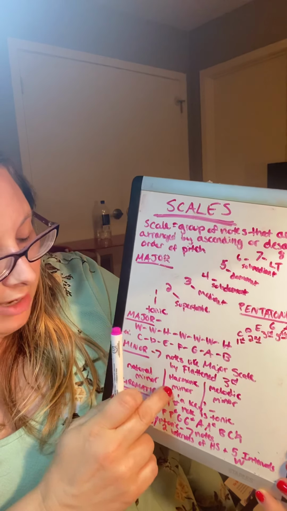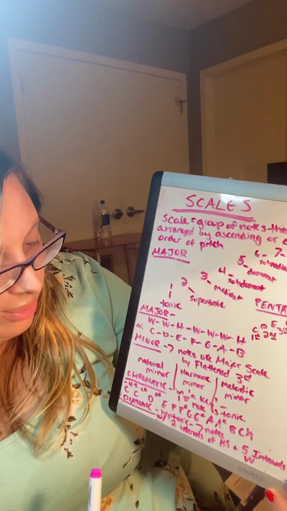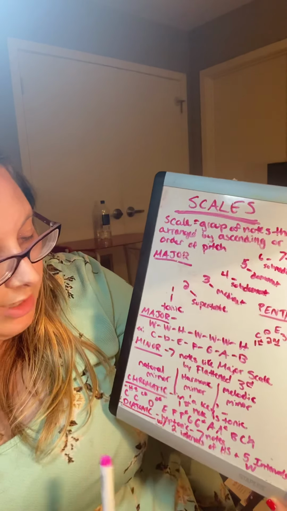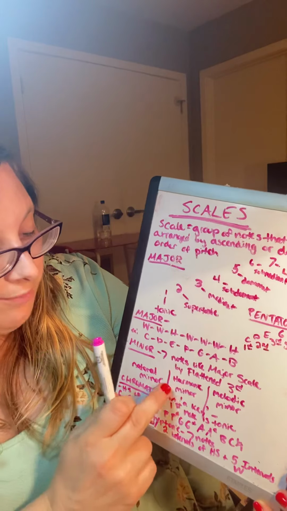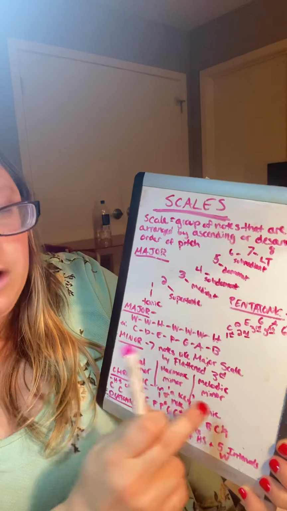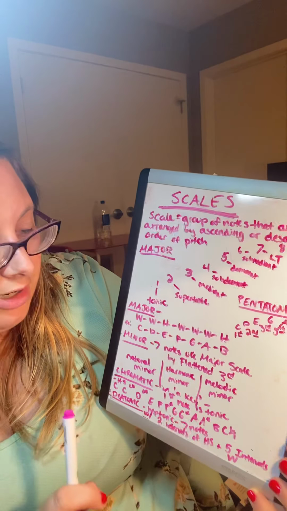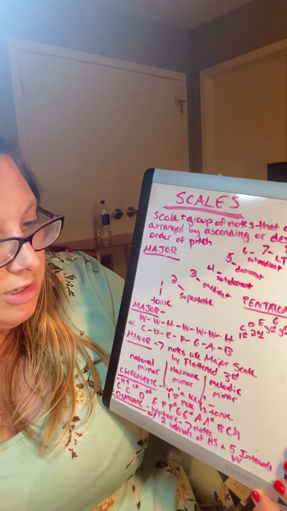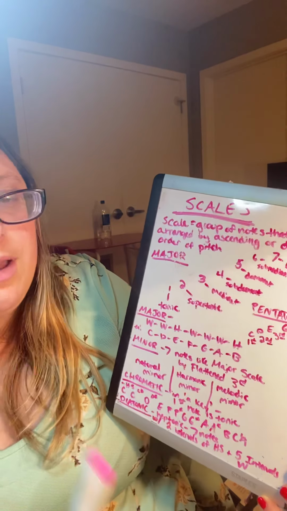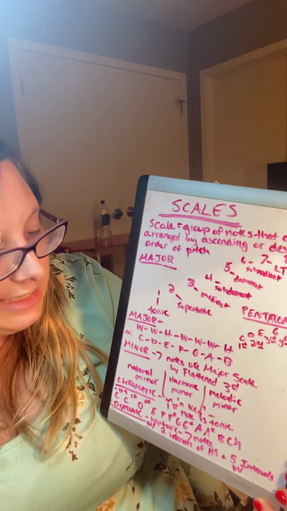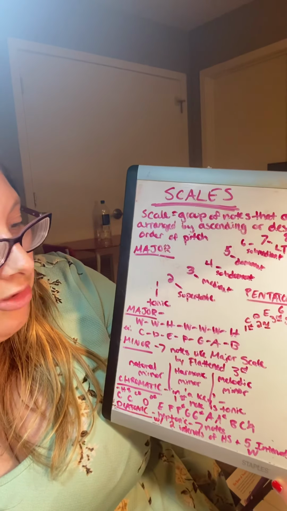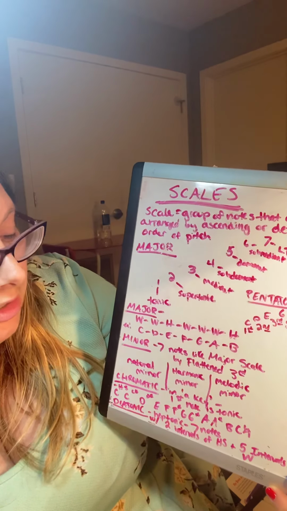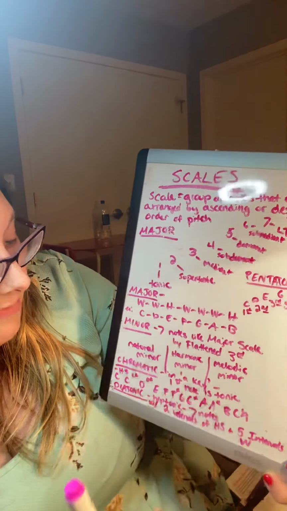The harmonic minor has the flat third, but you would raise the 7th note in the scale. Then a melodic minor, you would have a flat third, then you would also sharp the 6th and 7th note, and on the way down, descending, it would go back to the normal notes that it was before in our natural minor. So those are examples of that.